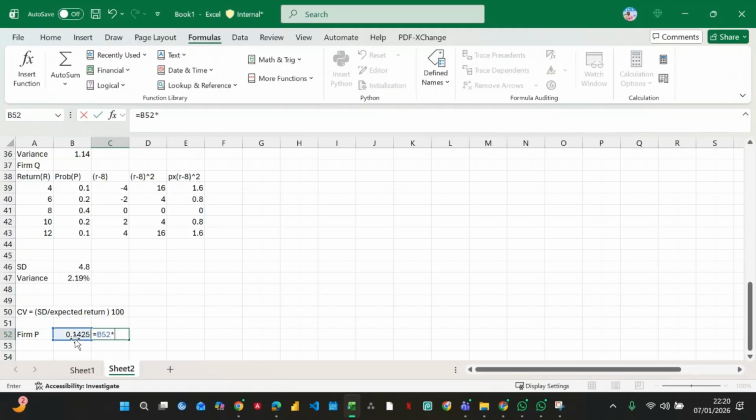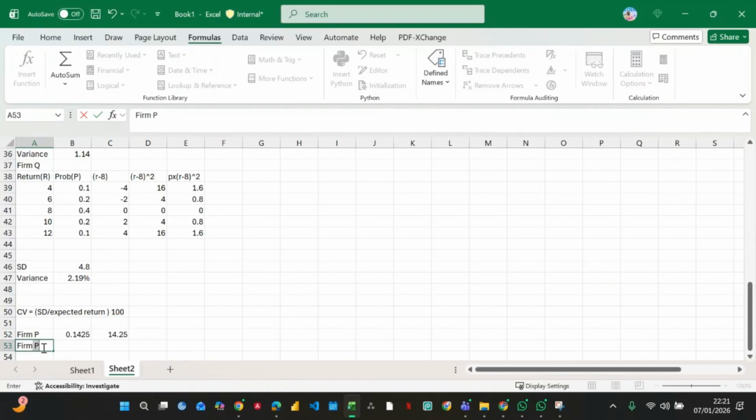This is then multiplied by 100, so it will be in percentage. So we will get this value.